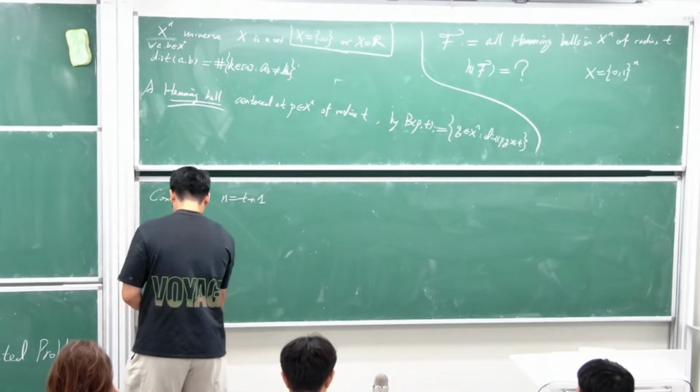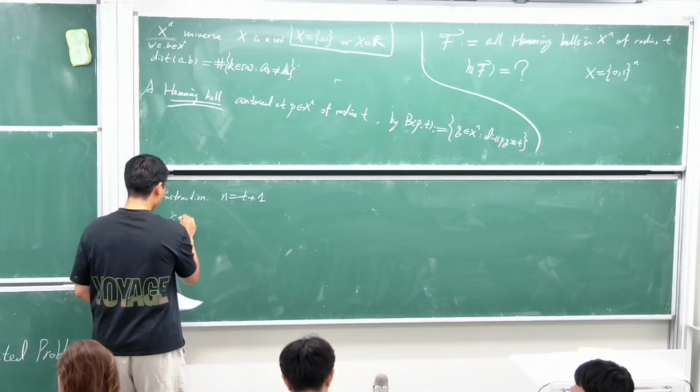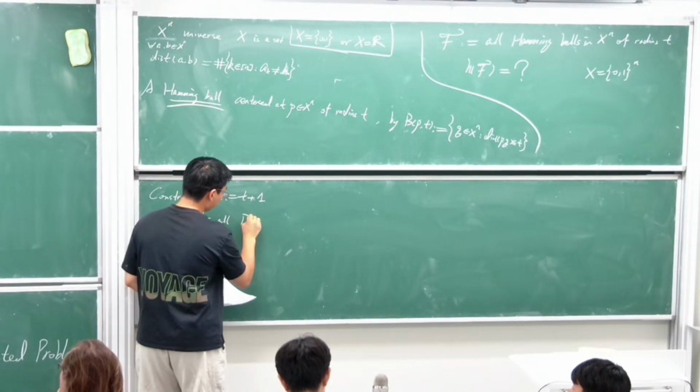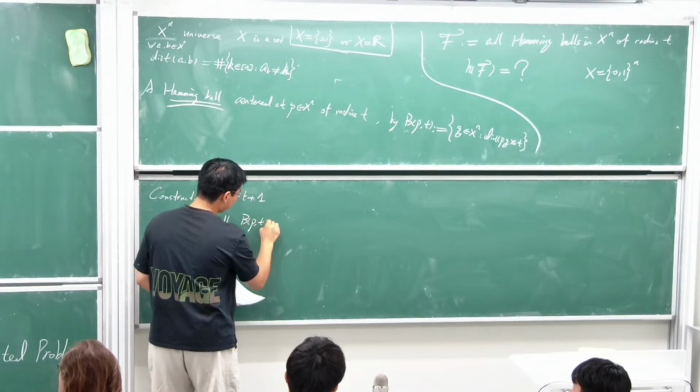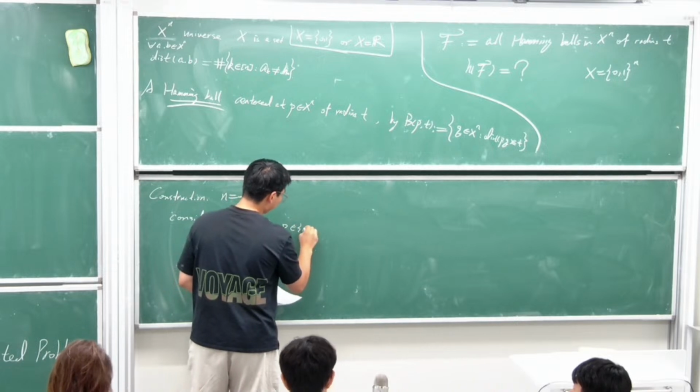So here, we can consider all the Hamming balls of radius t centered at p, where p lies in this binary cube.